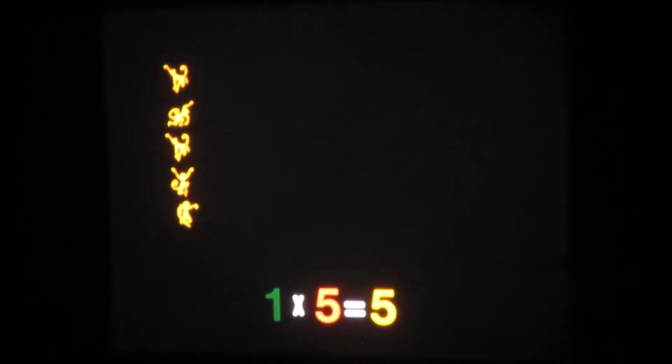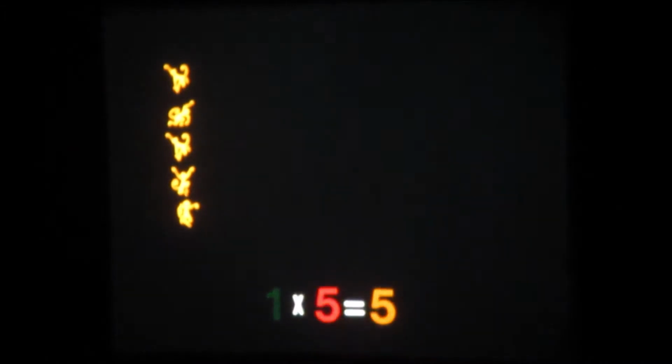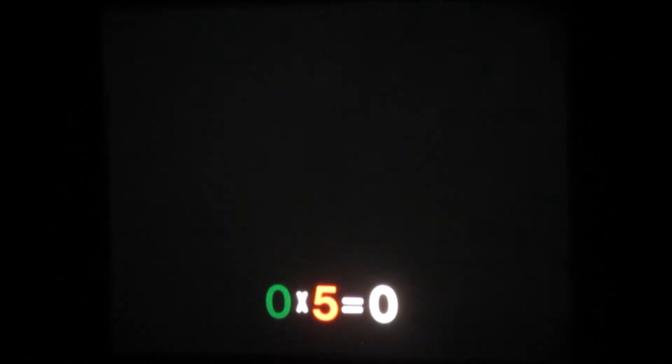When we multiply 1 times a number, we know that the product is always the same as that number. What if you have 0 cages with 5 monkeys? How many monkeys will you have? That's right, no monkeys, because the product of 0 times any number is always 0.